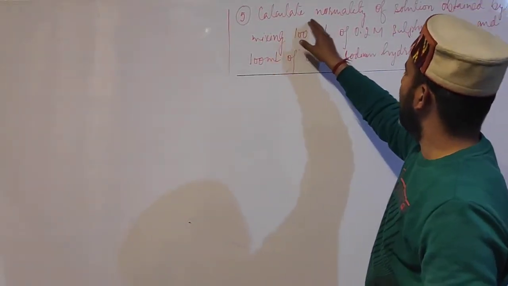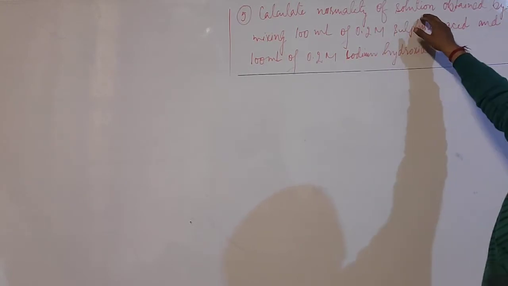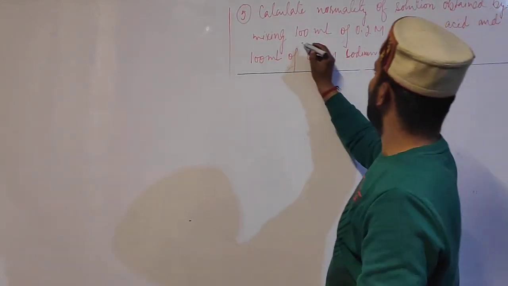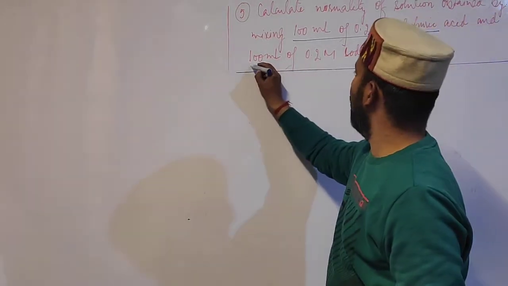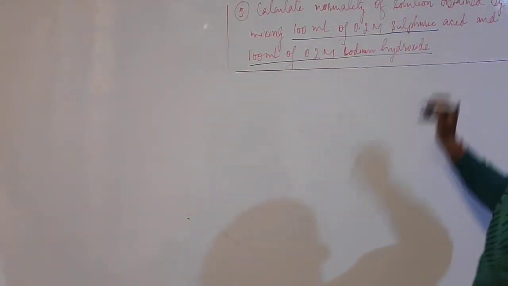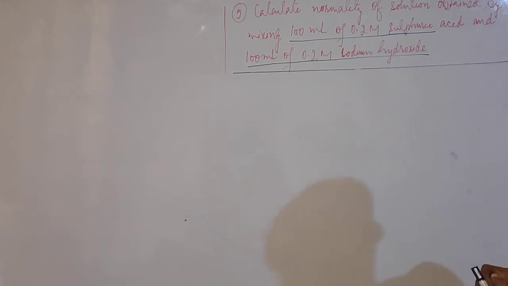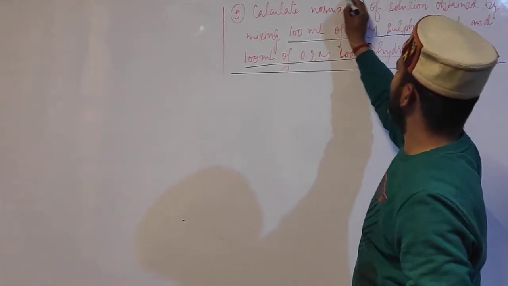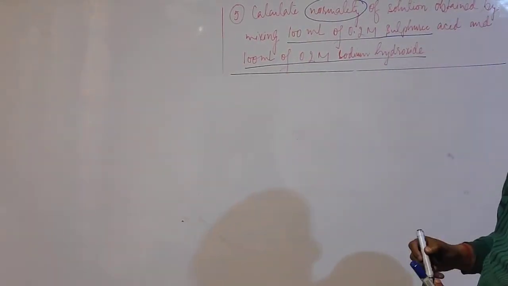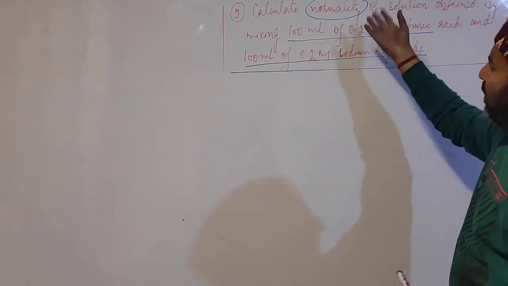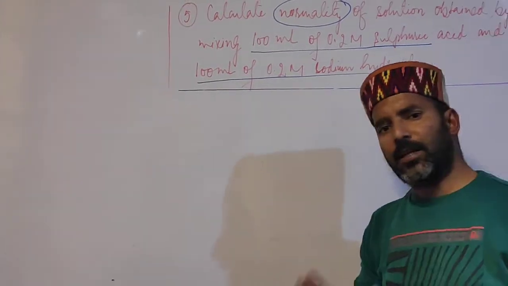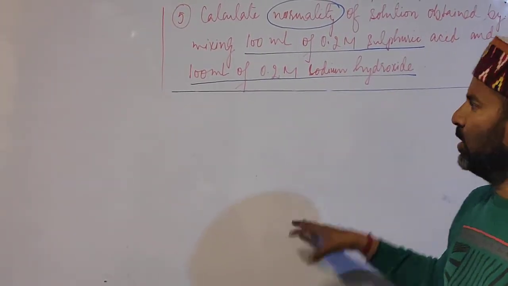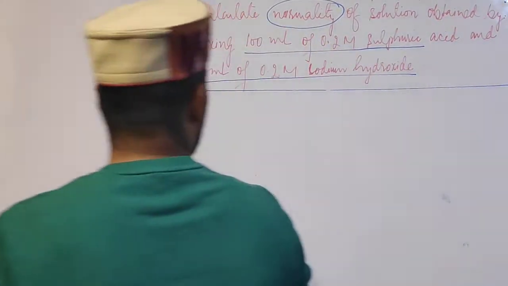So the question is: calculate normality of a solution obtained by mixing 100 milliliter of 0.2 molar sulfuric acid and 100 milliliters of 0.2 molar sodium hydroxide, and we need to find normality. Students, it is very interesting: all the data is in terms of molarity and we need normality, and as I told you, I always recommend students to use the normality equation. So again we'll use the normality equation.